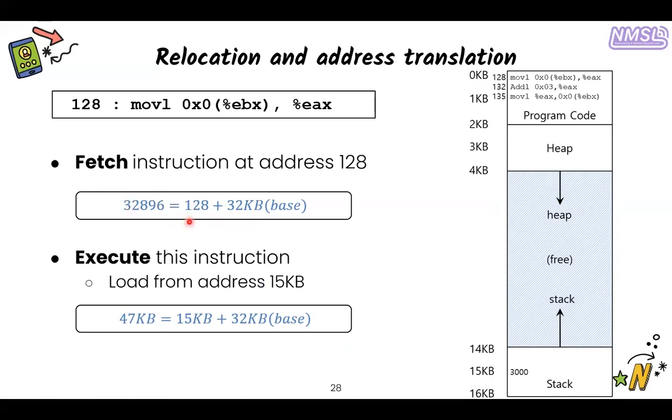So the physical address of this instruction would reside at 32,896. Again, this is in the program code. Then you execute this instruction and it loads from address 15K. So you load it from here: 15K plus the 32K base, and that will be physical address 47K.